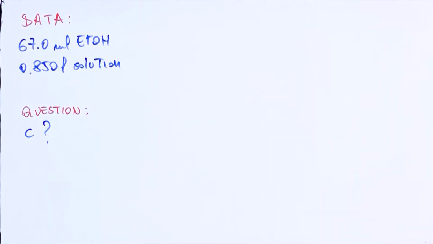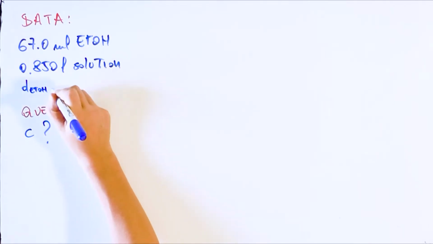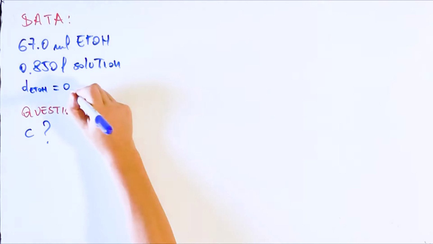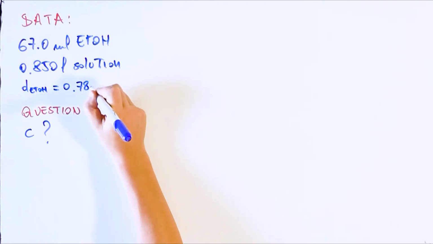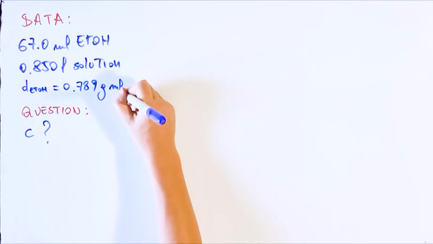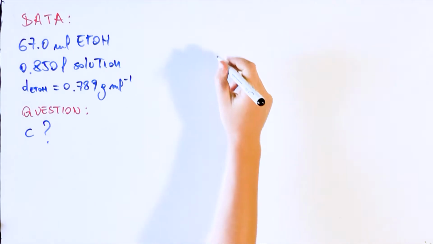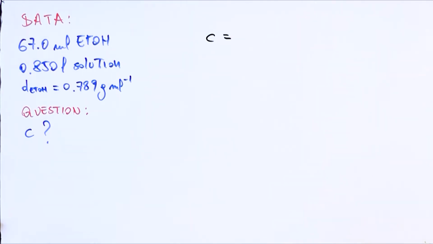I missed one data, which is the density of pure ethanol, which is 0.789 gram over milliliter. So again, please write the definition of molarity so you won't make a mistake.